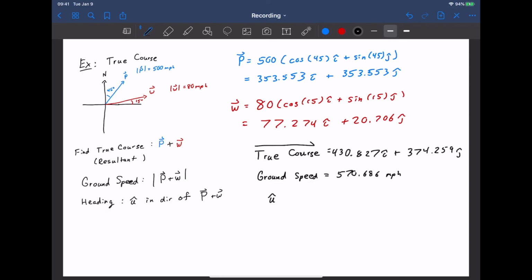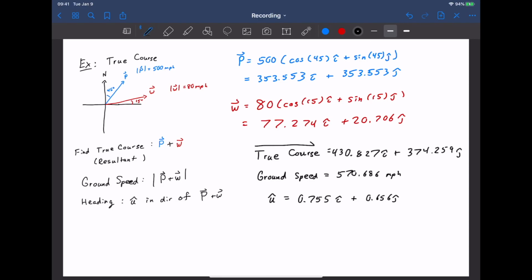And my u hat would be, if I divided those out, so I would take the 430 and divide it by the 570, I would get 0.755 in the i direction plus the 374 divided by that same 570 number, 0.656 in the j direction.